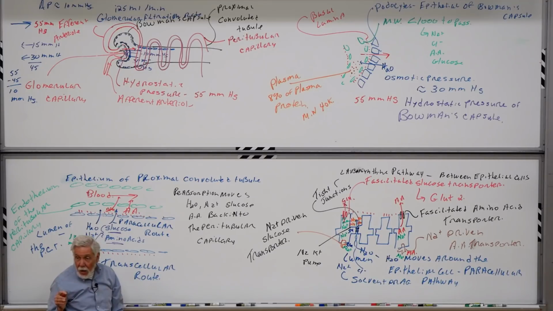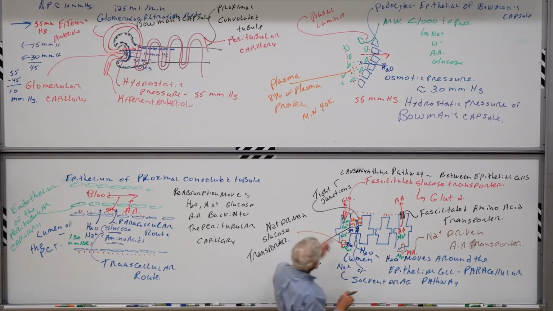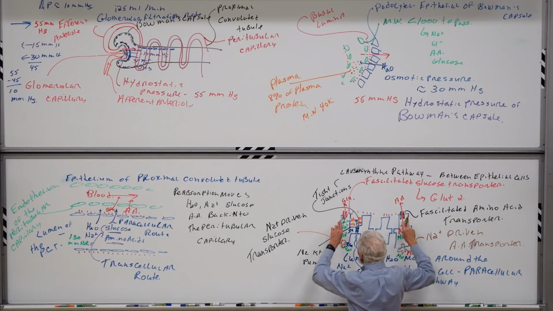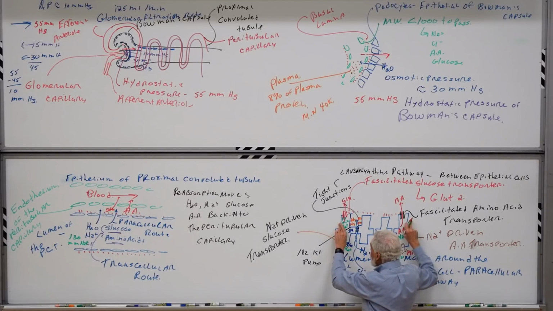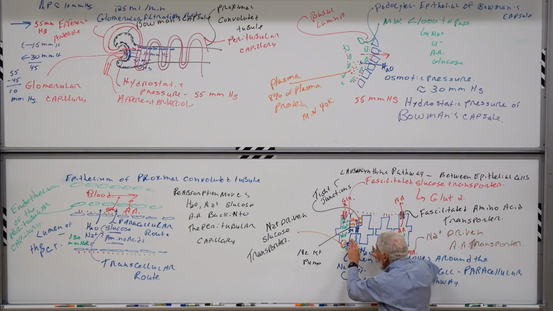So in this way now, we are reclaiming sodium, and we're reclaiming sodium and amino acids and glucose through the epithelial cells of the proximal convoluted tubule. But at the same time we have this transcellular transport, we have the paracellular transport of water and sodium moving between the cells.